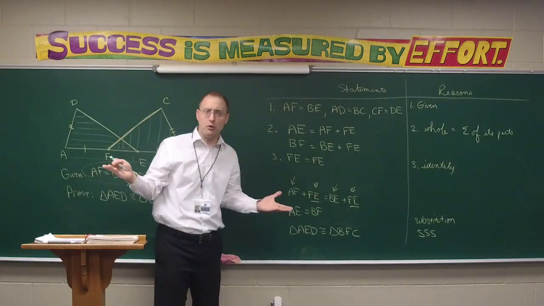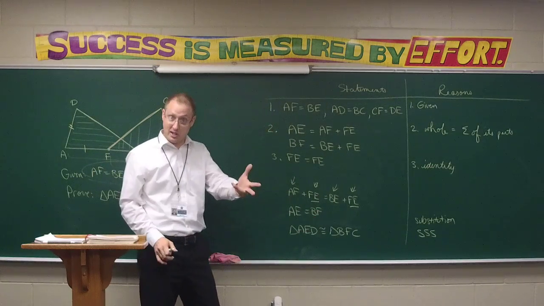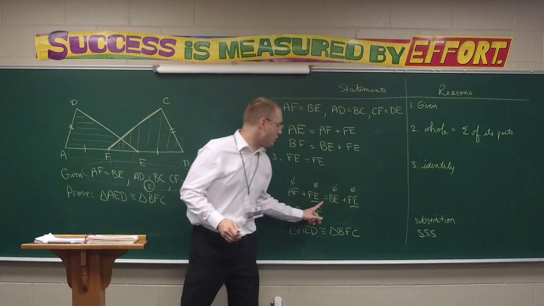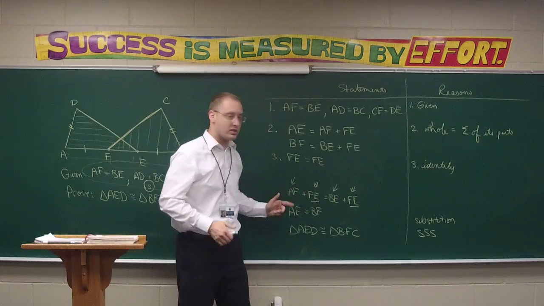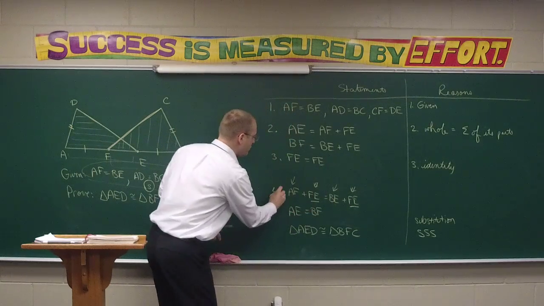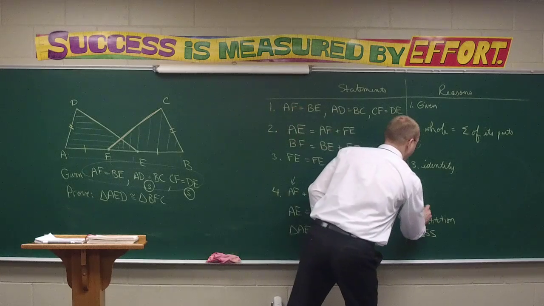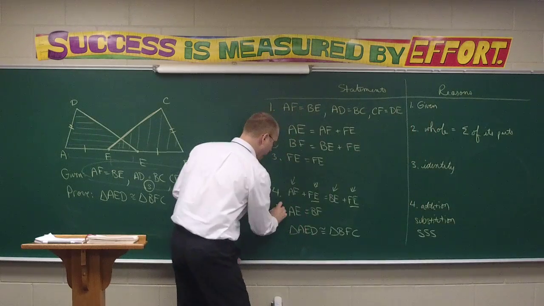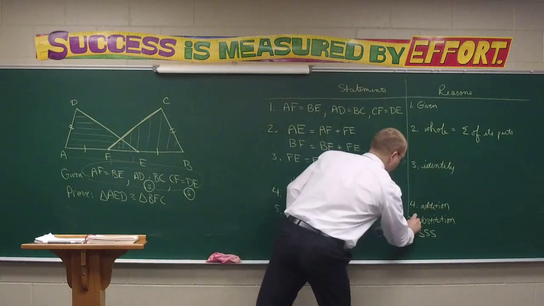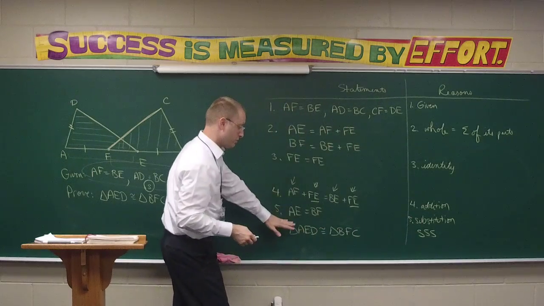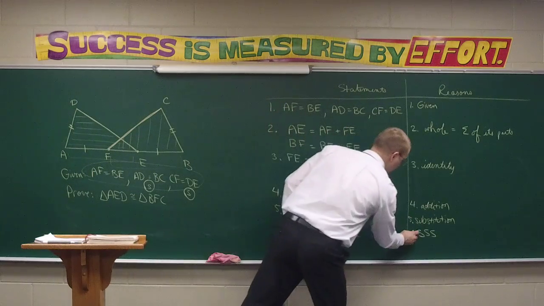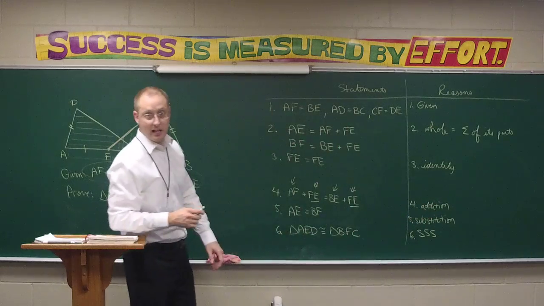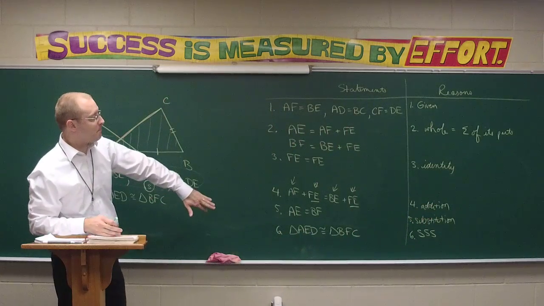Well, we've accepted, earlier in the year, that if equal quantities are added to equal quantities, the sums are equal. So this has to be true by number 4, the addition axiom. And therefore, this is true number 5 by the substitution axiom, which means the triangles are congruent number 6 by side, side, side.